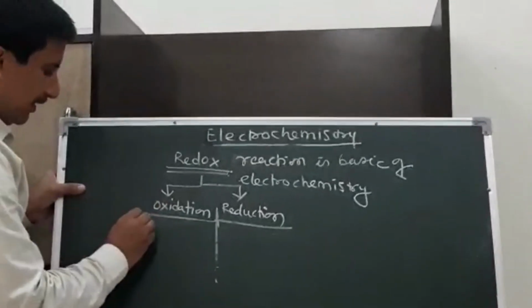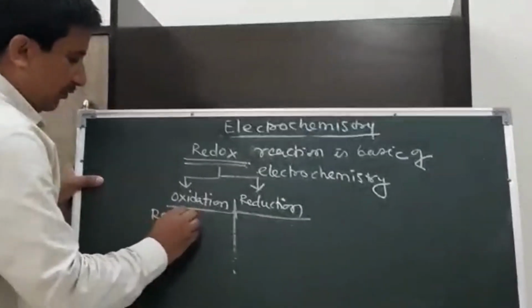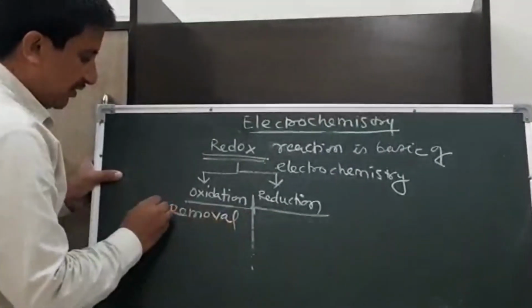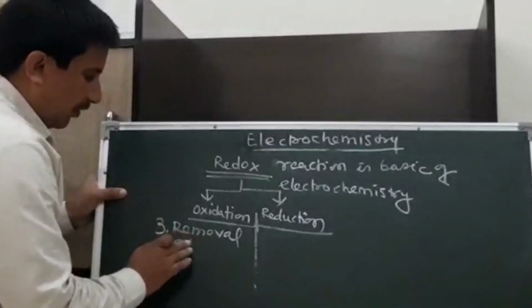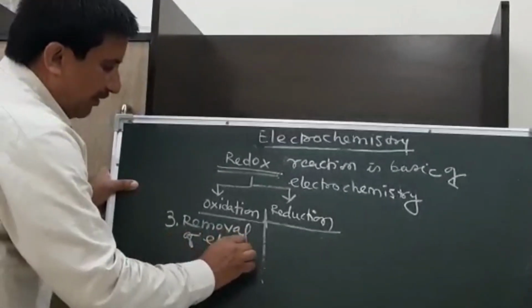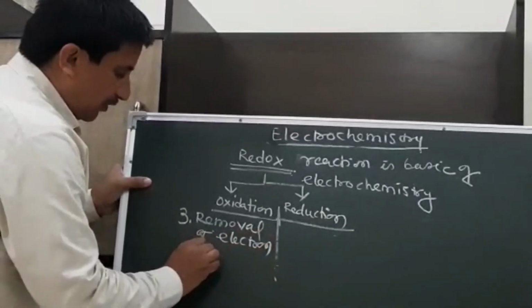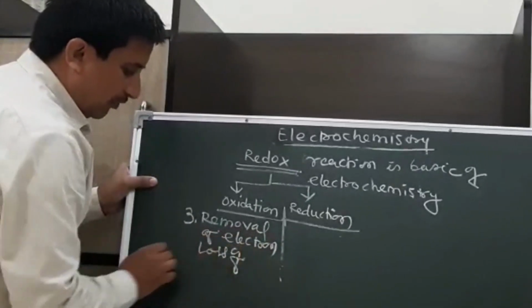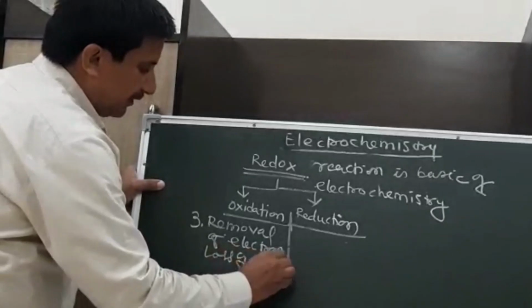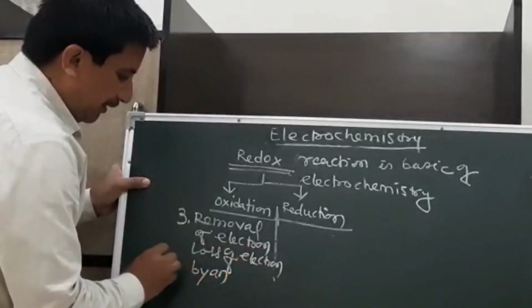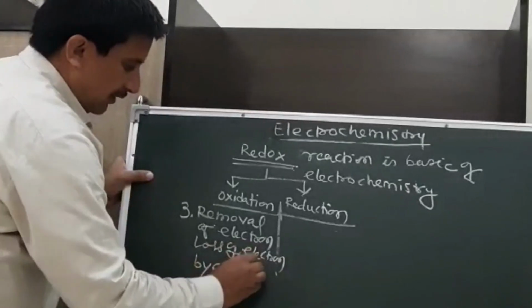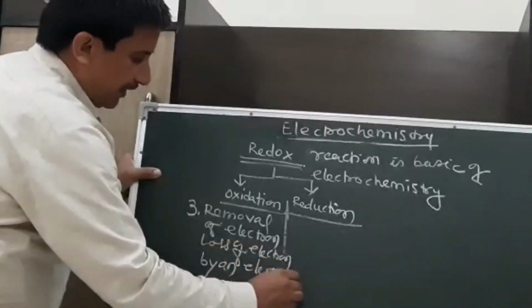that characteristic in terms of electronic transfer. So oxidation means removal of electron. Third is removal of electron, or simply we can say loss of electron by an element. How can you explain it?